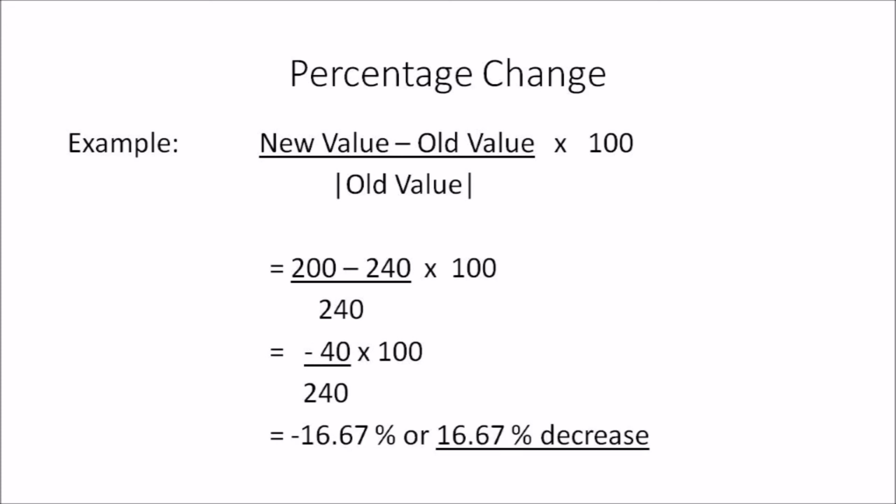In the next example, however, the marbles decreased. So the working we have is 200 minus 240 divided by 240 multiplied by 100. And when you work that out, you get minus 40 divided by 240 multiplied by 100, and you solve that. The answer you get is a negative 16.67%.